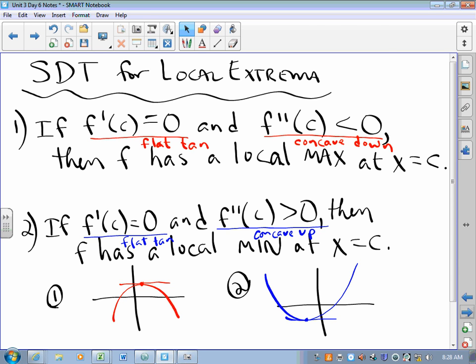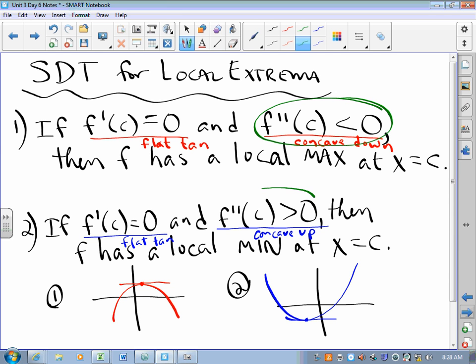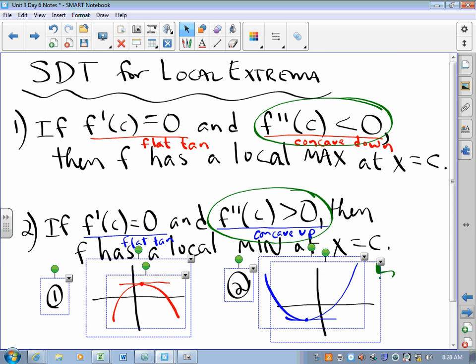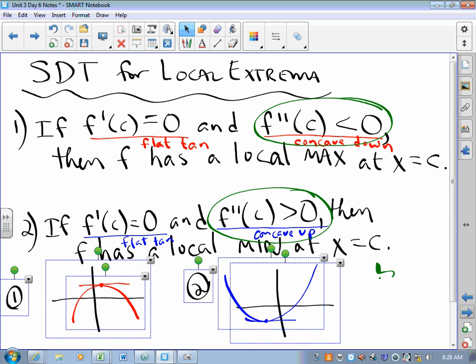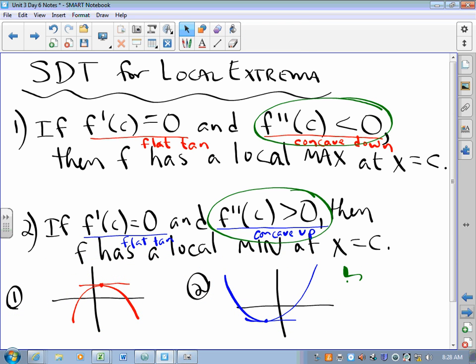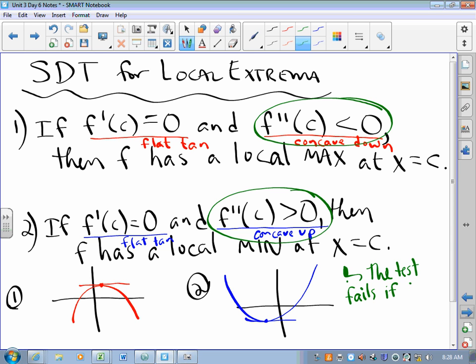Side note, the test fails. Notice the following. We have considered f double prime being negative and f double prime being positive. The side note here, and I'm going to make good use of my board space by kicking all this stuff over to make room for my side note, is that the test fails if f double prime of c is 0, or if f double prime of c does not exist.